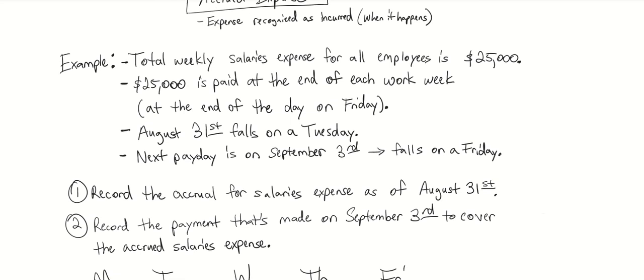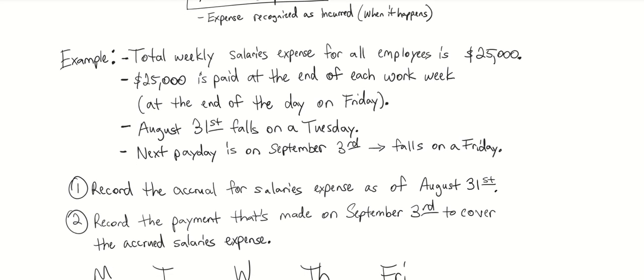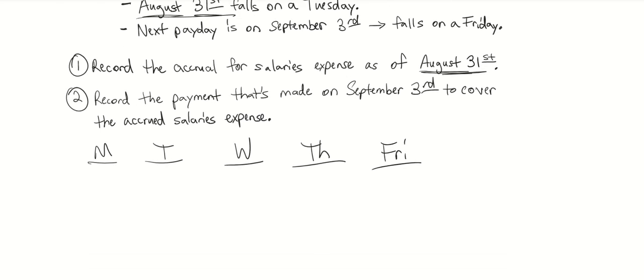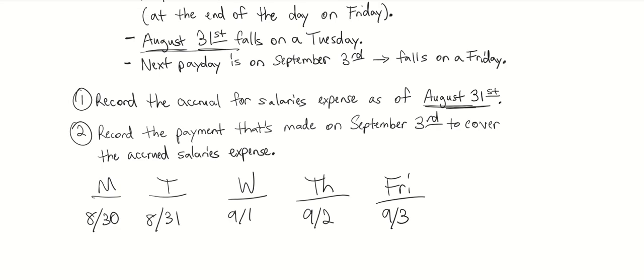We see that August 31st falls on a Tuesday. So if we put that here on Tuesday, August 31st, that means Monday is August 30th, Wednesday is September 1st, Thursday is September 2nd, and Friday is September 3rd. So that's good that we know what dates are associated to what days and vice versa.